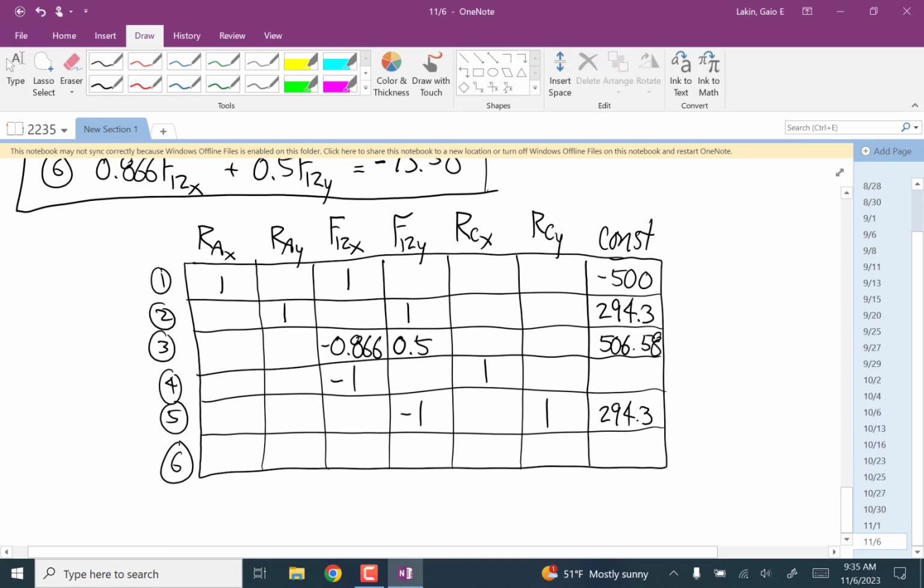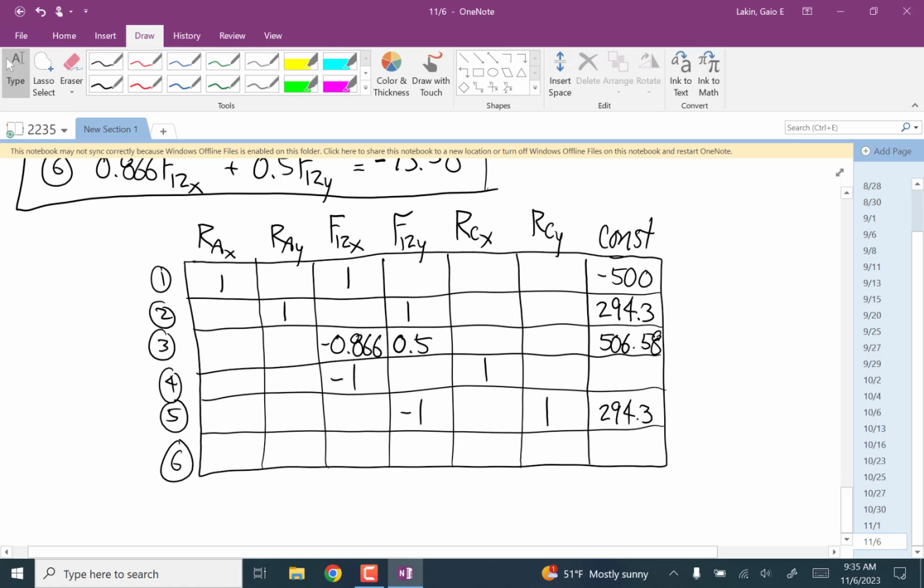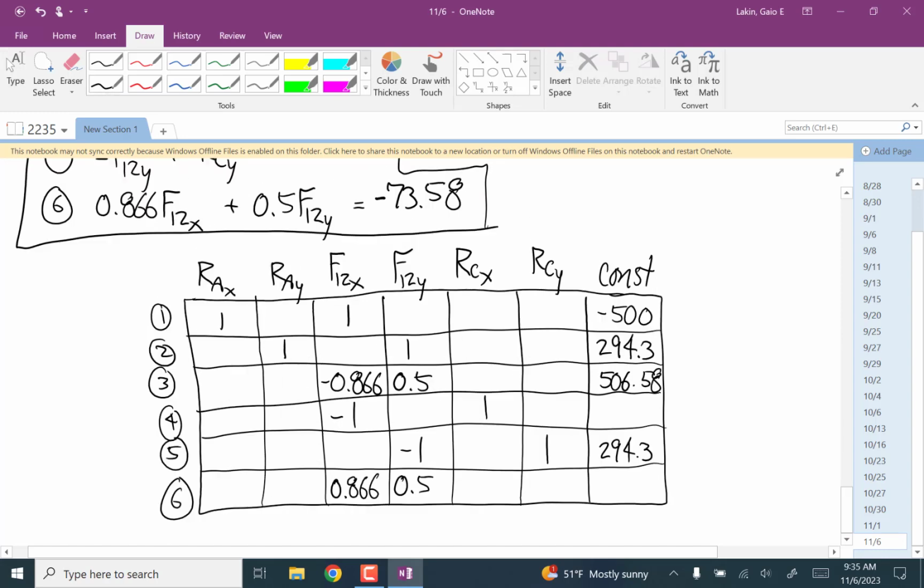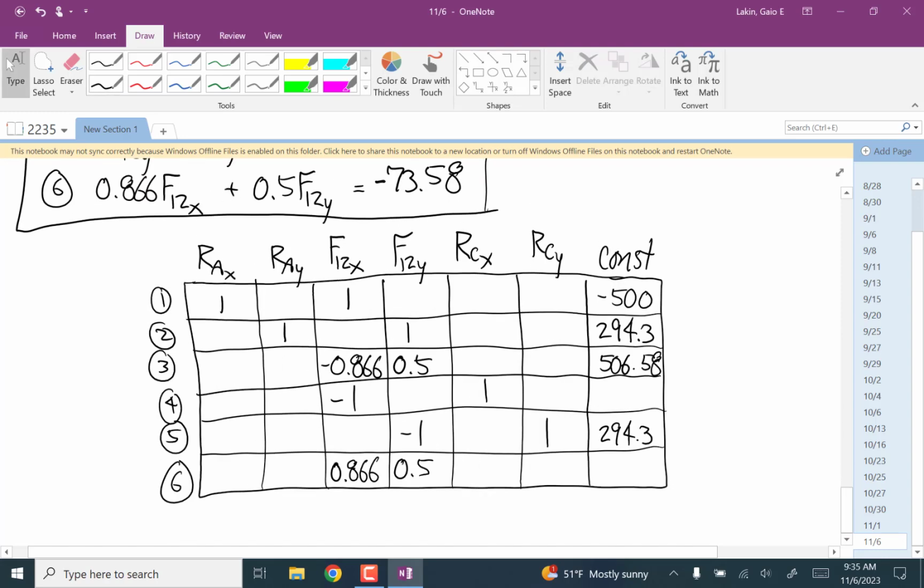And then equation 6, F12x, we have 0.866. F12y, we have 0.5. And the constant negative 73.58. Okay, can everyone solve this? And we'll make sure we don't make any mistakes punching this in.